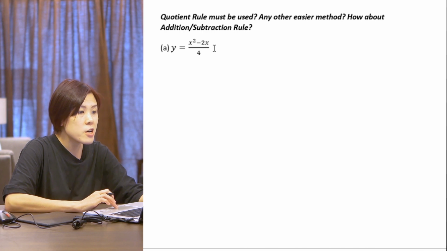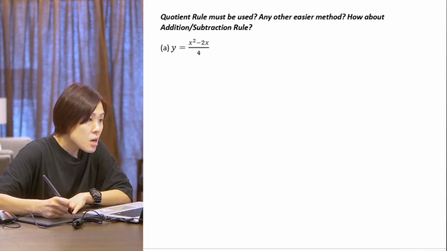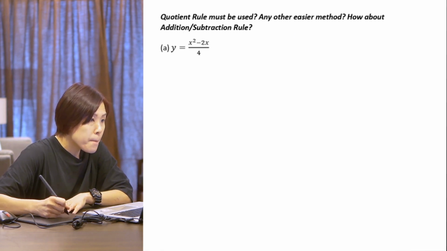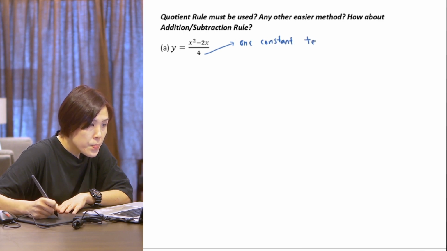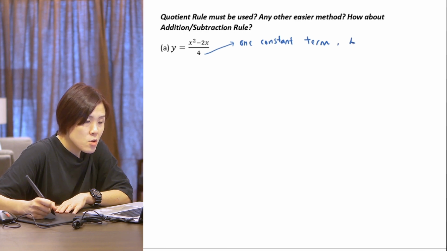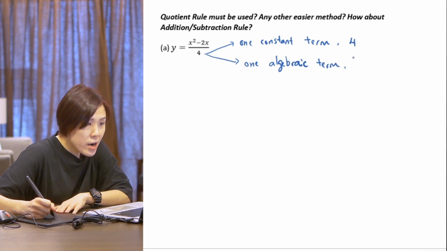So students, please remember that whenever you see only one term as the denominator, which means you don't see any addition or subtraction sign in the denominator, for example, this, it means the denominator is one constant term, like 4 or any other number, and it can also be one algebraic term like 4x.